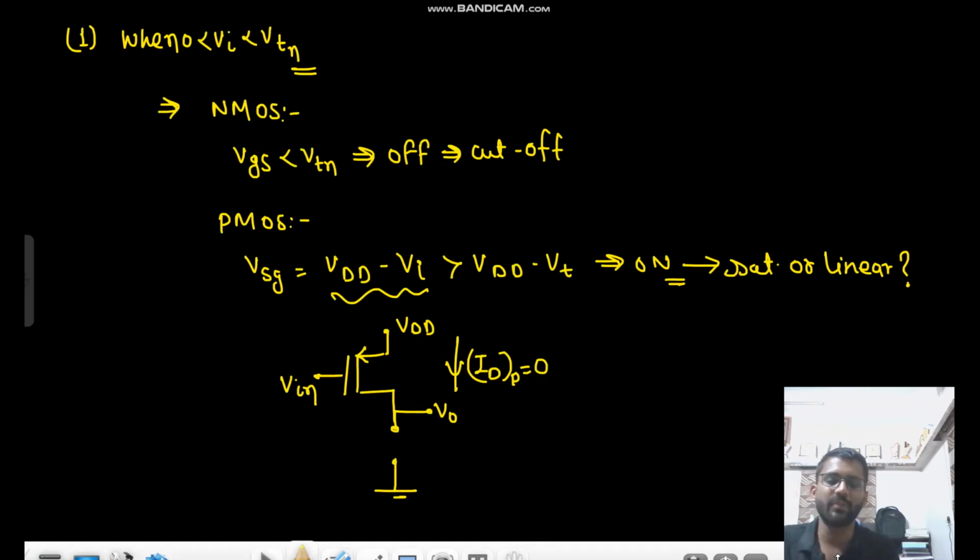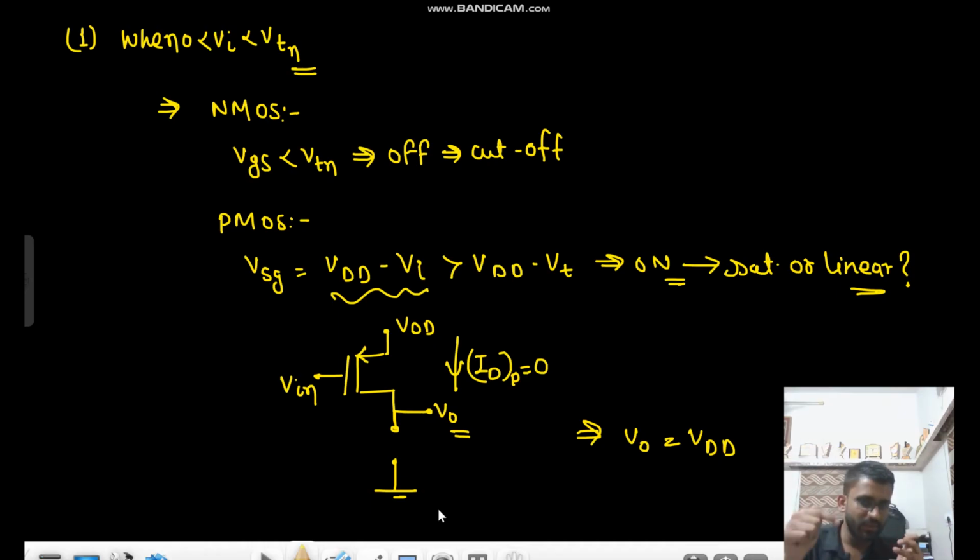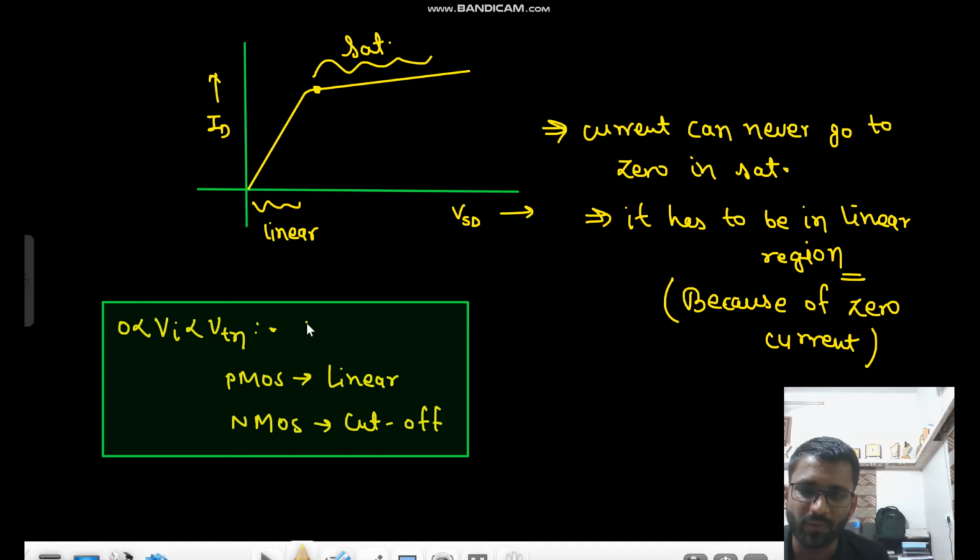We should have, because if this is off, and that is on, in saturation or linear, there is no current across it. So there is no current across the resistor. So V naught is equals to VDD only, because we can replace this with the resistance R on, and there is no current across that resistance. So V naught is equals to VDD here. We should have written it here: V naught equals to VDD, right?